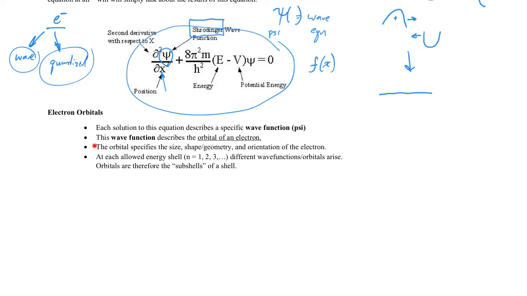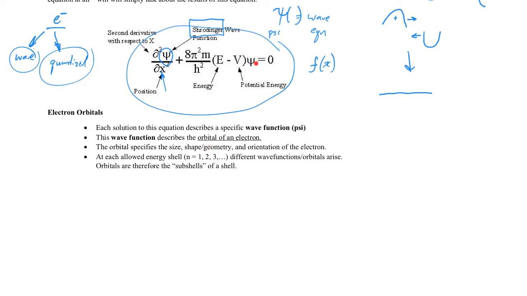When we solve this wave function, it will also describe the size, the shape, and the geometry of that electron, because it describes the orbital. So basically, we're going to look at the solution to this wave equation for each of the energy levels that we looked at in the previous lesson, where n is equal to 1, 2, or 3, where this principal quantum number goes from low to high.